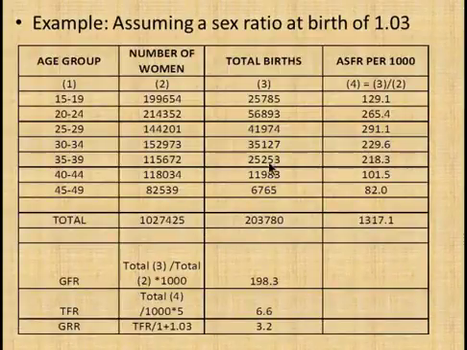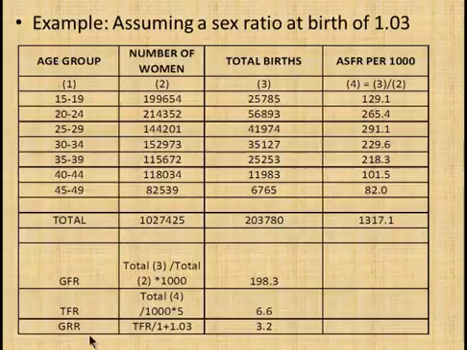We also have the gross reproduction rate. Remember, it is the total fertility rate divided by 1 plus sex ratio at birth. We've been given the sex ratio at birth as 1.03. It's this one. And we've calculated our total fertility rate.